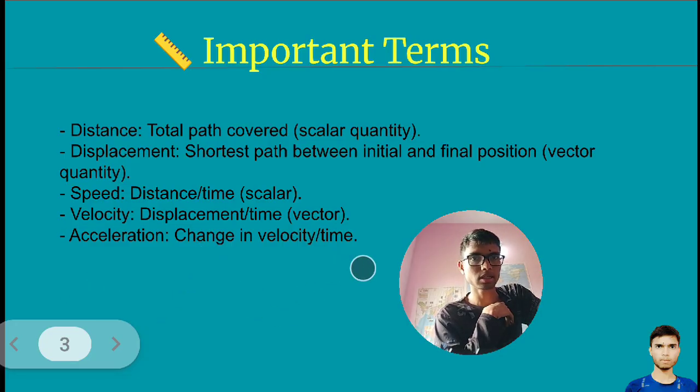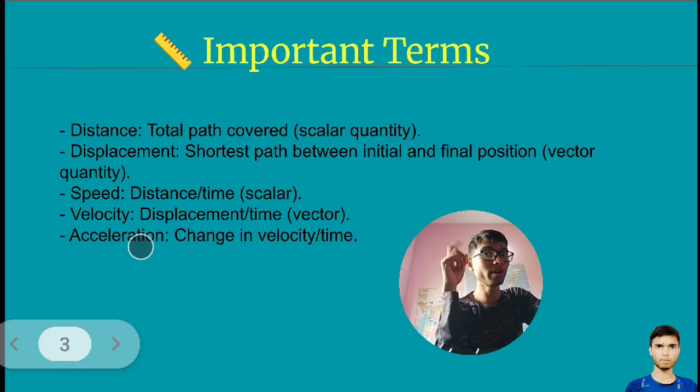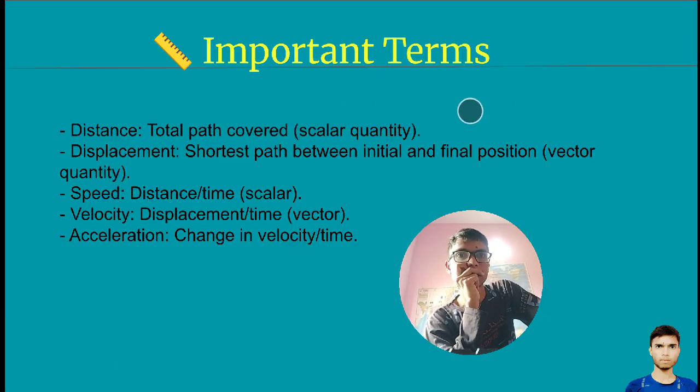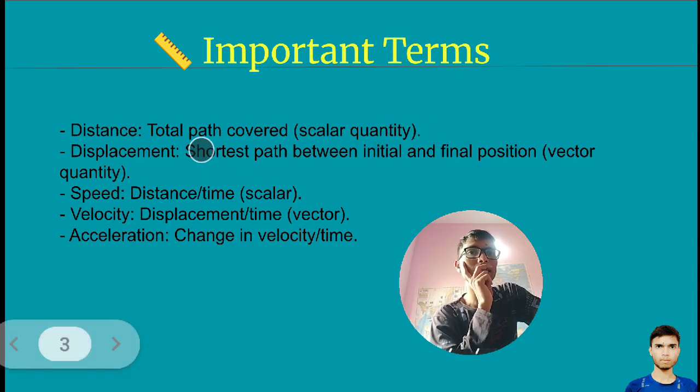So you will calculate the total distance covered. But when it comes to displacement, just assume from here to here, what is the distance, and that distance is the displacement. That's it. Clear? And distance is considered a scalar quantity because it has only magnitude.